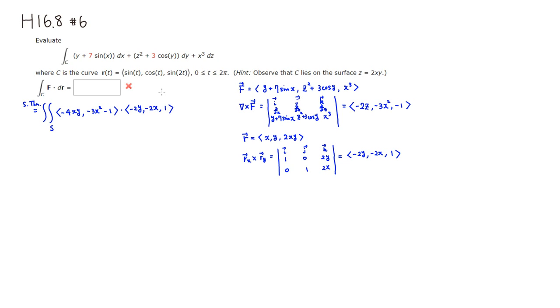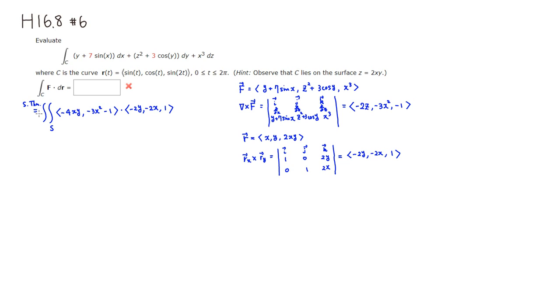Then we have to be a little bit careful with this because you have a sine of t and a cosine of t, instead of cosine of t and sine of t. So this parameterization goes around the curve clockwise instead of counterclockwise, so it's actually the opposite direction. So we have to put a negative sign in front.